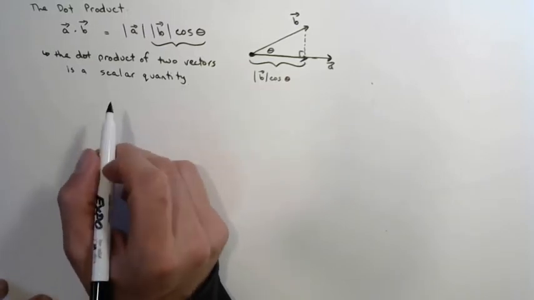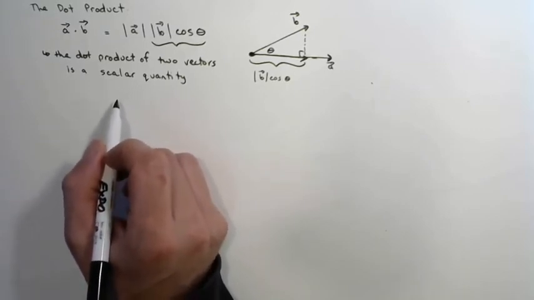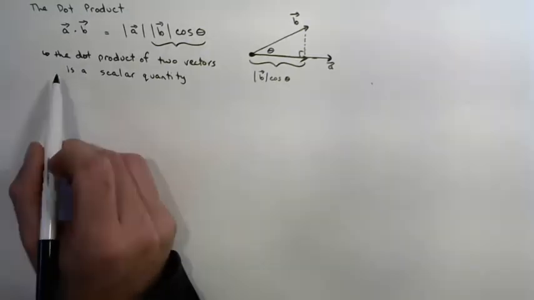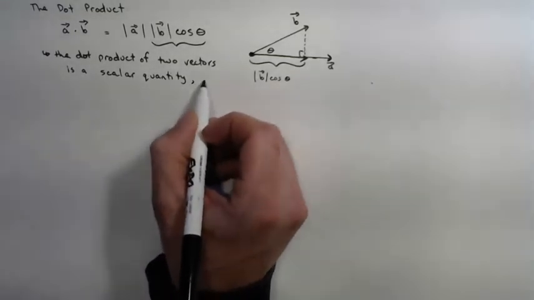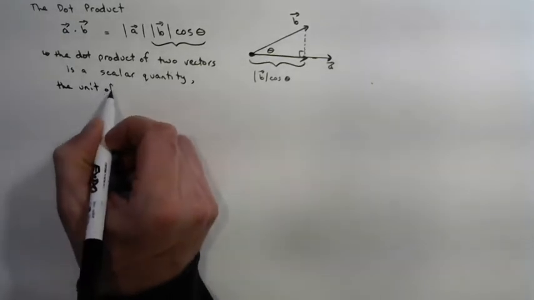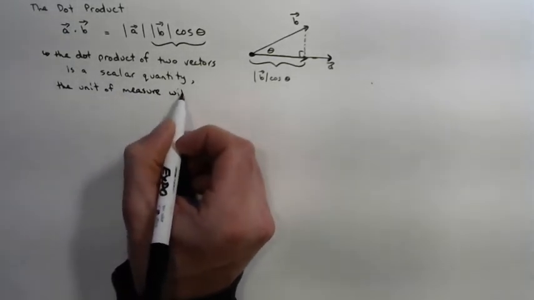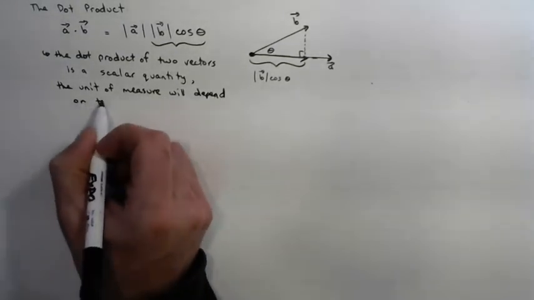So in the example that we did, we had units of joules because we were measuring energy or work being done. But there are other applications of the dot product. So the unit of measure will depend on the application.